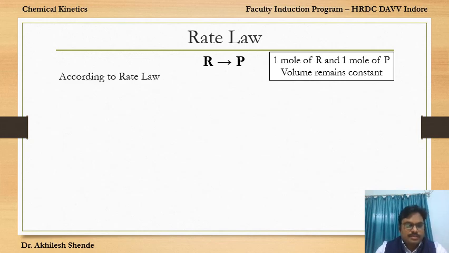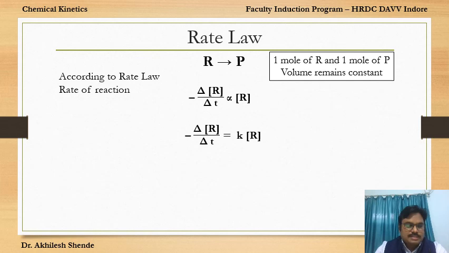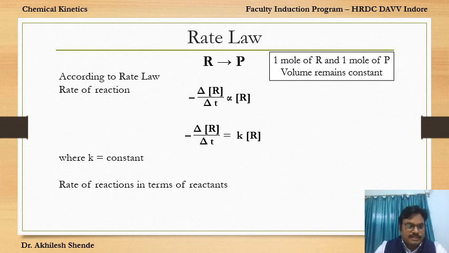So according to rate law, rate of reaction, minus dR/dt, is directly proportional to R, or minus dR/dt is equal to k times R, where k is a constant. In rate law, we can write the rate of reaction in terms of reactant. The rate law equation can be derived experimentally and not from the balanced equation. We will see this in the upcoming example.